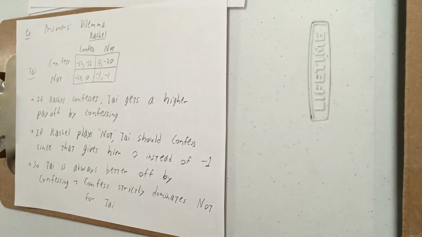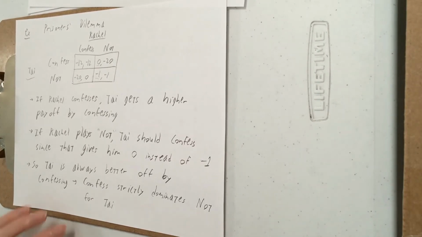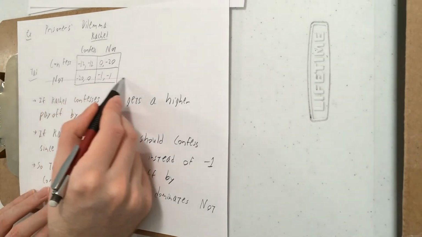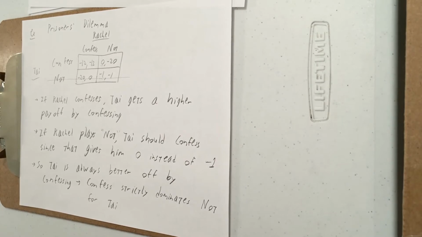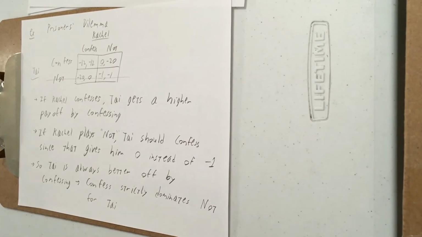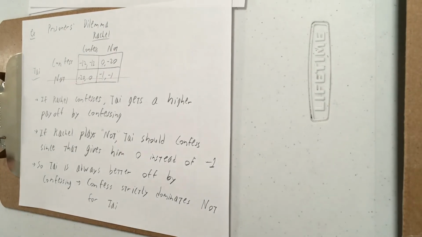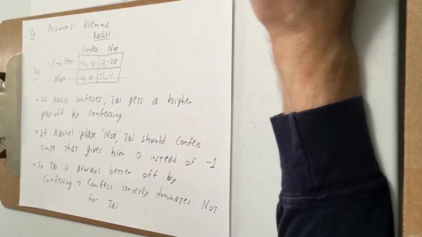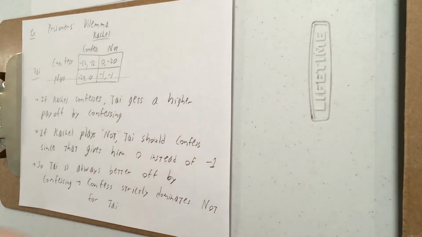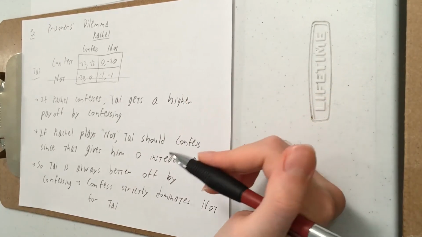So what you can do to eliminate the dominated strategy is you just draw a line through it. That's indicating that Ty is never going to play not, because not is strictly dominated. You could go through the same exercise for Rachel, or you just keep following this process of elimination. So we established that Ty is going to confess.